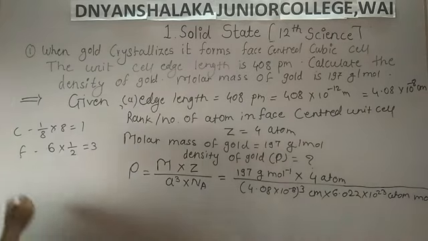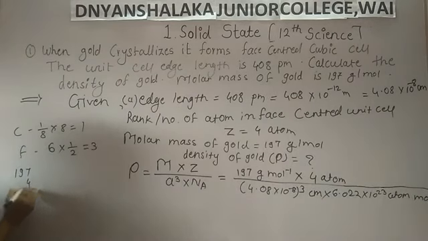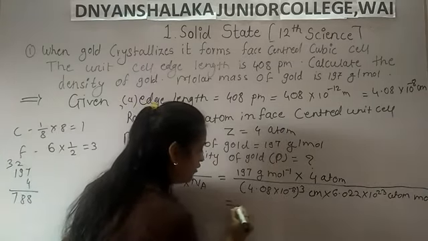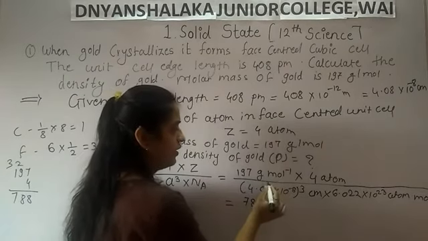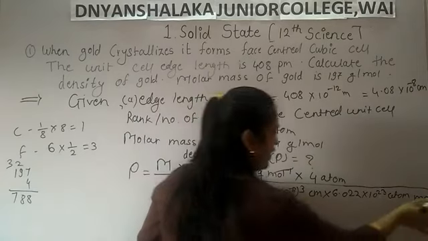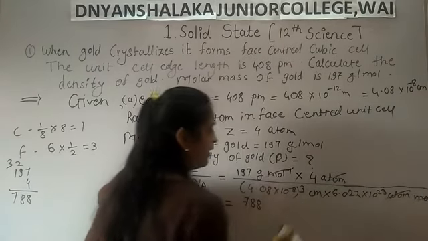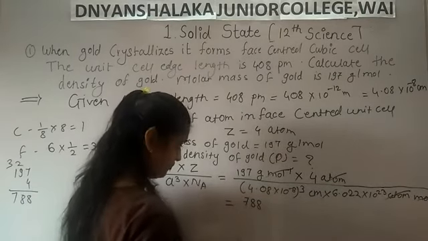So calculate 197 into 4. 7 4s are 28, 9 4s are 36 plus 2 is 38, and 4 1s are 4 plus 3 is 7. So we get the value 788 for 197 into 4, and mole cancels out, and atom cancels out.